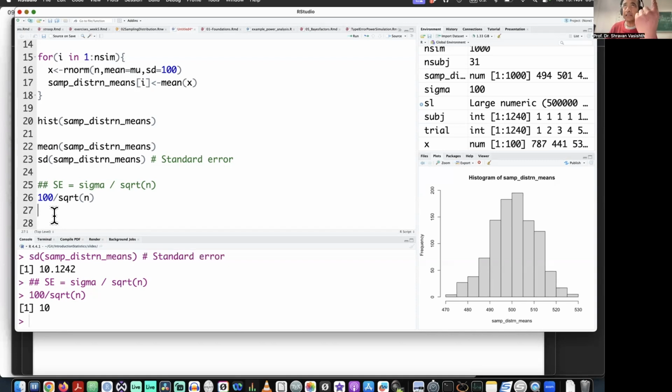So by running a single experiment, I'm able to describe the properties of the sample mean under hypothetical repeated sampling. And by describing the distribution of the sample mean, I mean that I can compute the mean of the distribution of the sample means. That's just my sample mean that I have from that one sample.